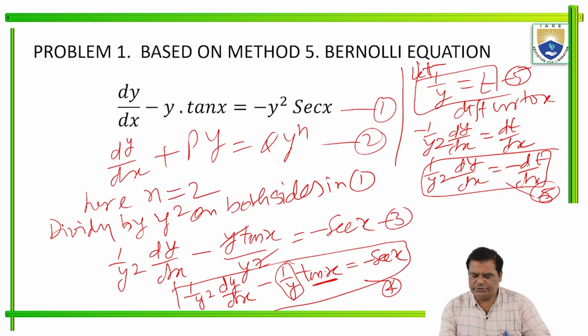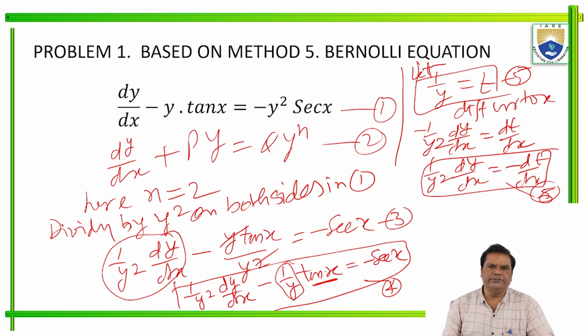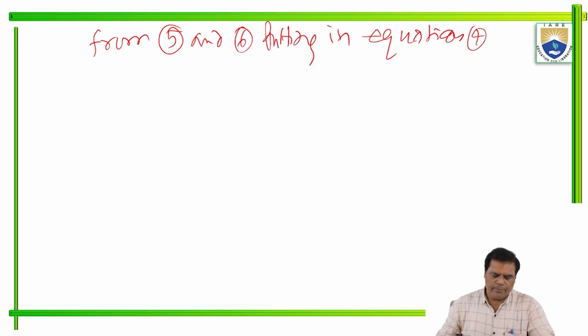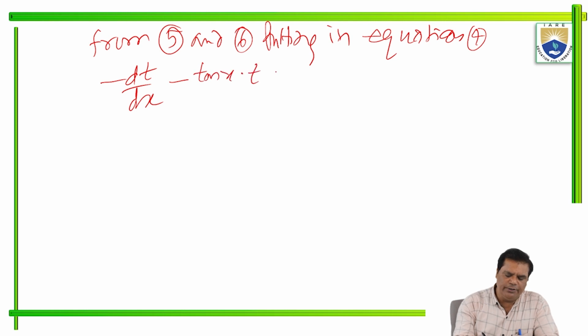Here is minus dt over dx. This equal to putting minus dt over dx. And here this tan x into t, minus tan x into t, minus dt over dx and minus tan x into t equal to what?